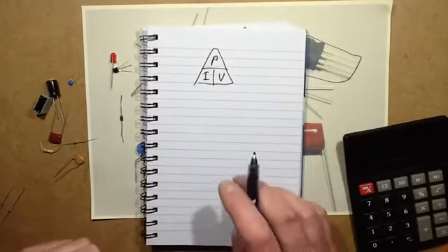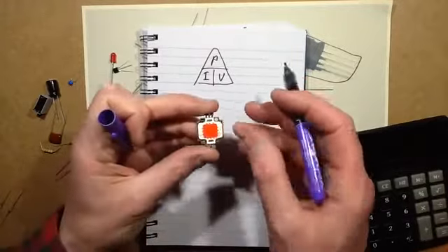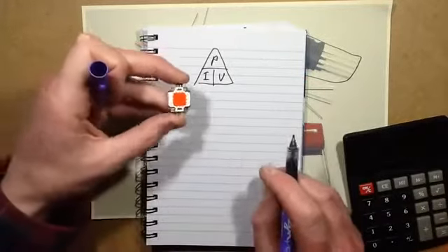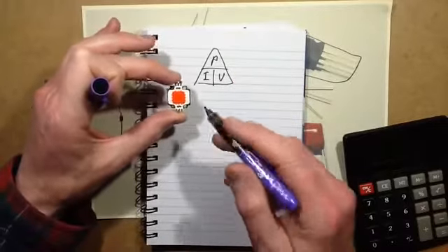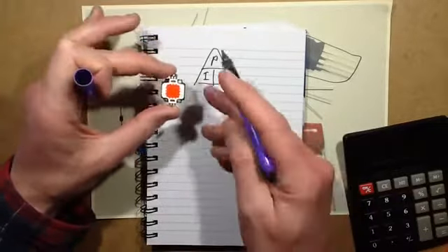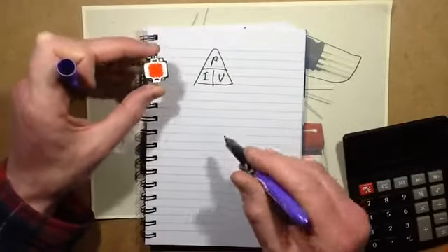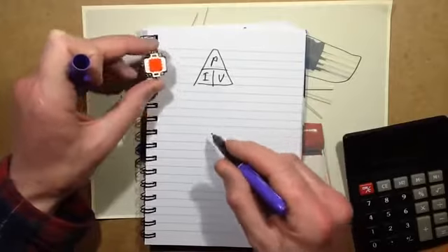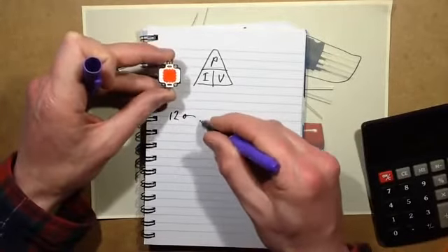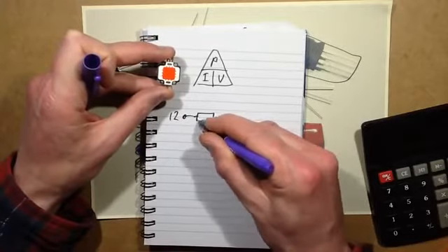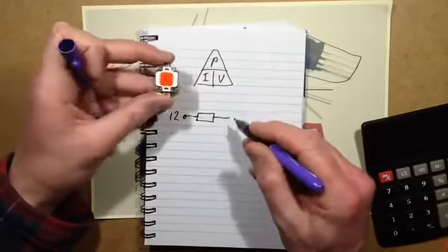So say for instance, let's choose an example of this interesting 10 watt red LED, which has a voltage when it's operating of about 9 volts and requires about an amp, which, to give the power rating of the LED itself, that's the 9 volts times 1 amp is 9 watts. So to calculate, if we were to actually put a 12 volt supply again, and choose a resistor to limit the current through this to the 1 amp.